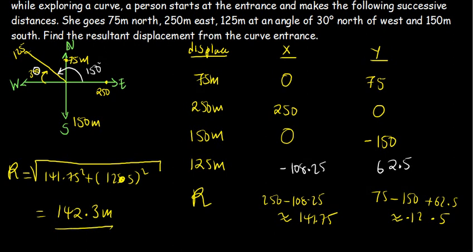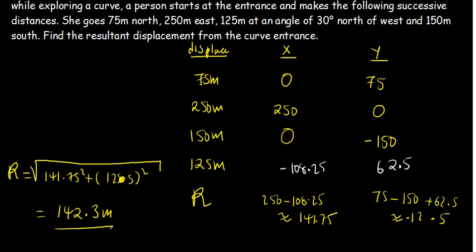Now, whenever they ask for a vector, you should give both magnitude and direction. You've determined the magnitude, so what will be the direction? If you just end here, don't expect all the marks. So we know that theta is going to be tan inverse of the y component divided by the x component.